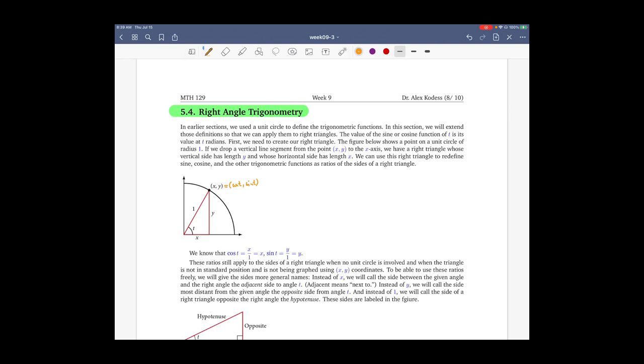And now let's do the following thing. Let's first note that cosine of t being x is also x divided by 1.